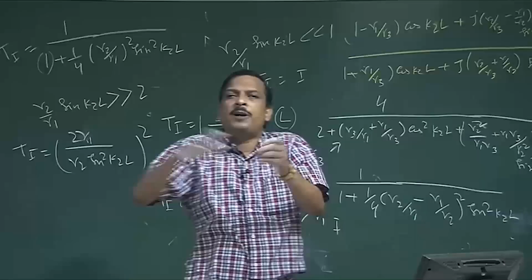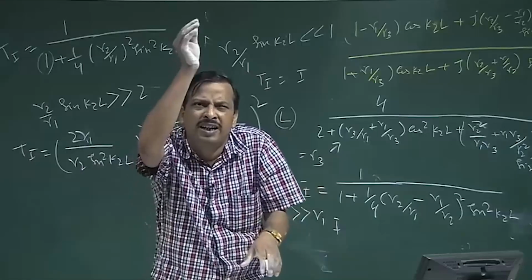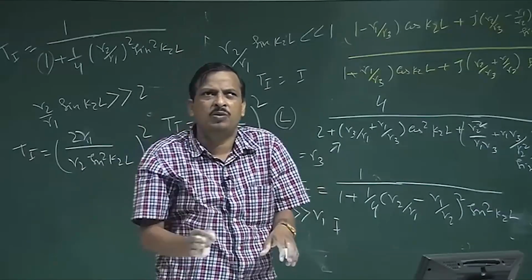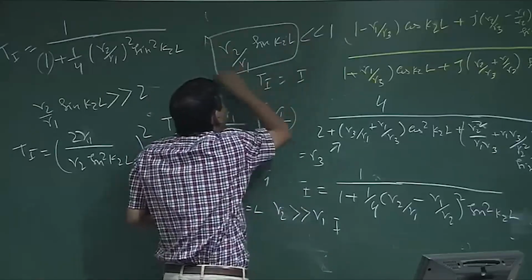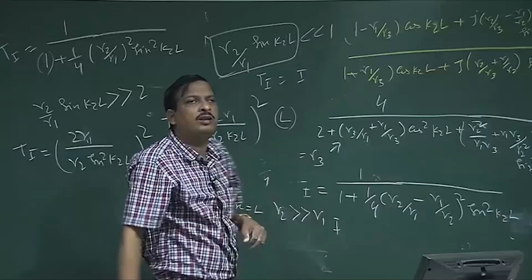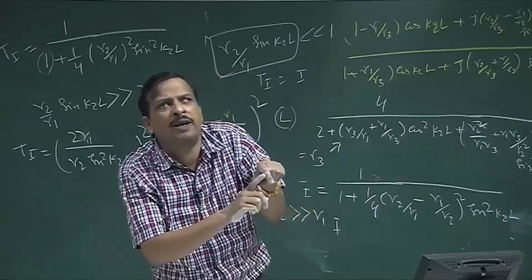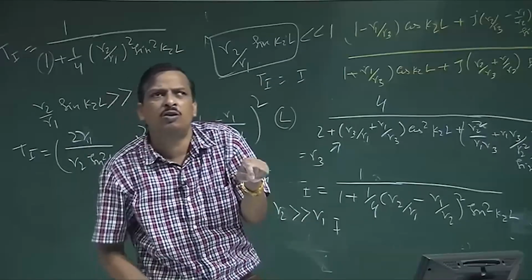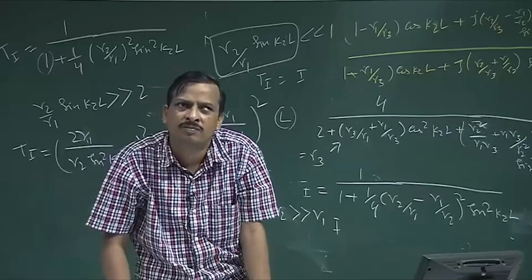So think about it practically: there are two fluids separated by a very thin membrane where L is so low that R2 by R1 sin K2L is much less than 1. Then the sound produced in one fluid will be completely transmitted to the next fluid. So the separation does not affect the sound transmission.